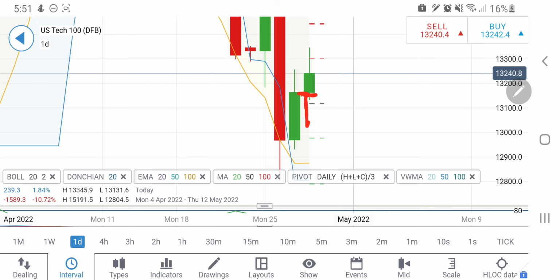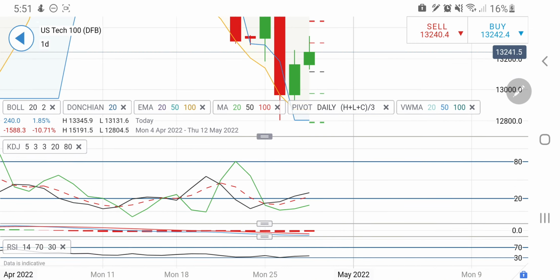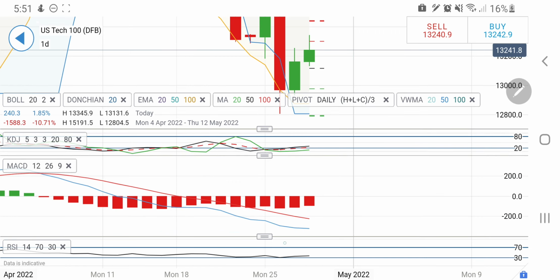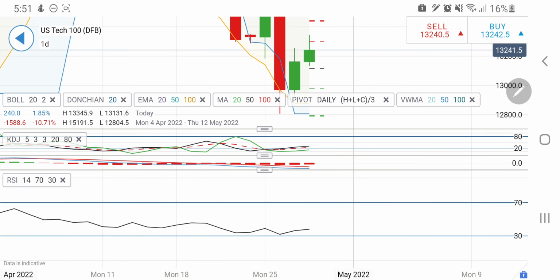We may see it coming down again till towards 13,000 levels. So below 13,150, yes, you can go short there. You can expect it to drop sharply. There is a support at 13,110 levels, and below that we may see a sharper fall. And daily stochastic is now in green and looking upwards, indicating possible bullishness there. MACD is trading in red, consistent red, probably a convergence, and a greener candle is required for it to converge.